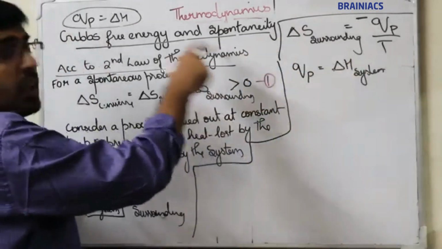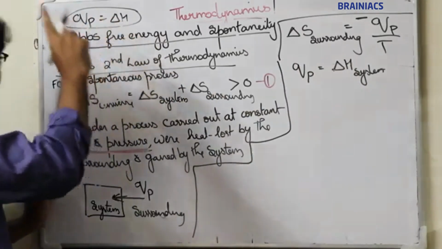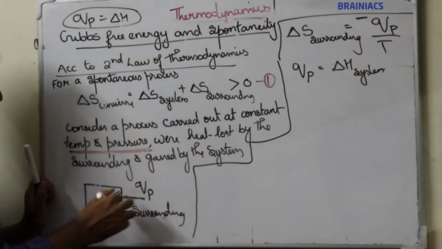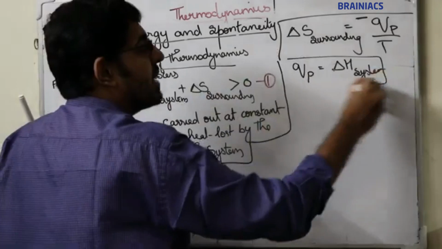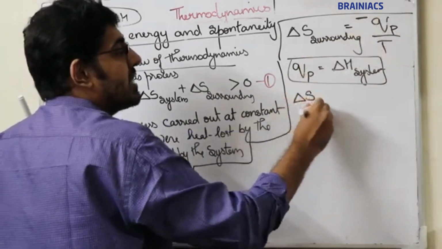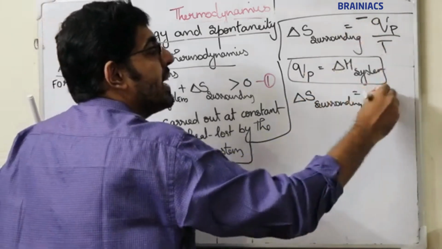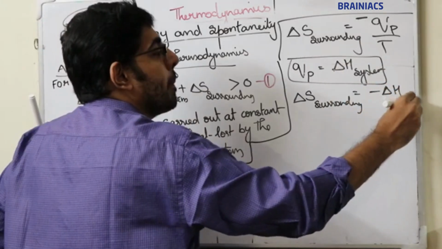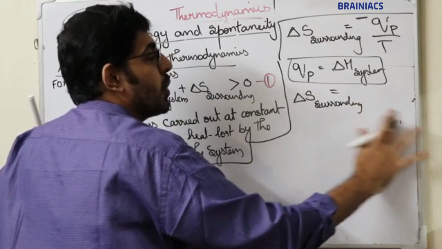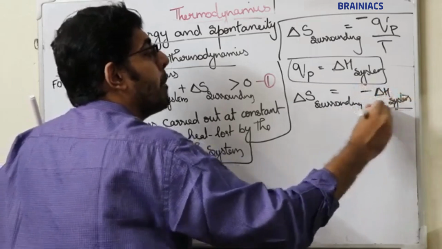We have already discussed this equation in enthalpy. So instead of QP, I can write delta H system. Substituting the value of QP here, we get delta S surrounding is equal to minus delta H system by T.